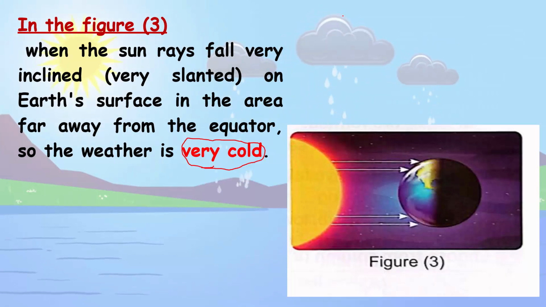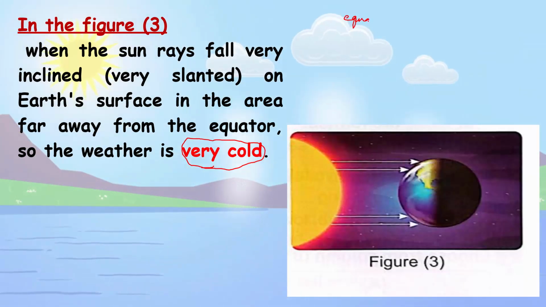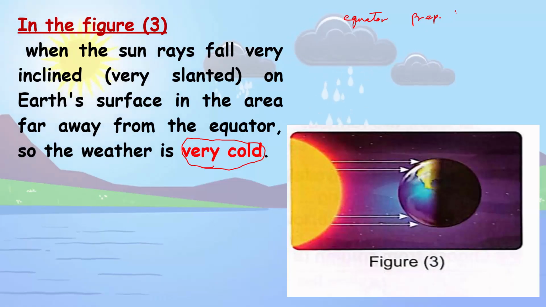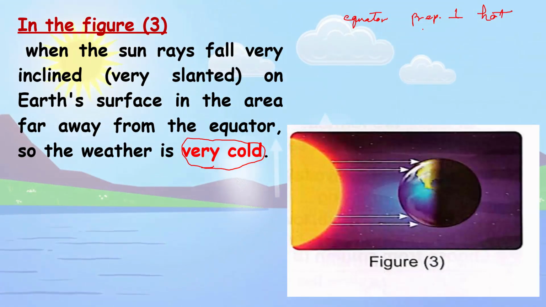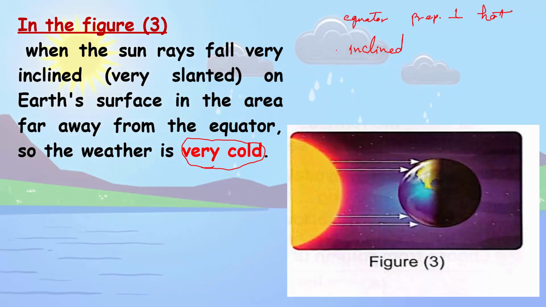So we have three positions. At the equator, the sun rays are perpendicular on the Earth, so it is hot. Then away from the equator, the rays are inclined or semi-inclined, so it is warm.